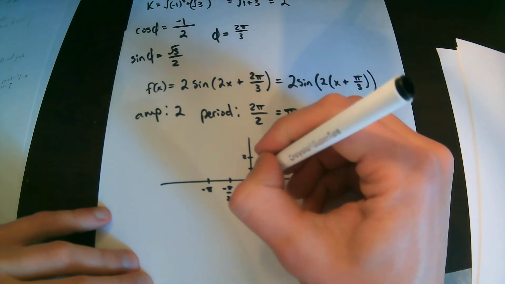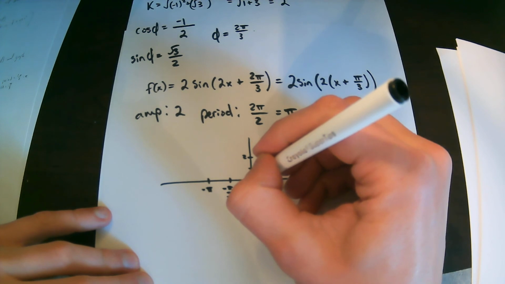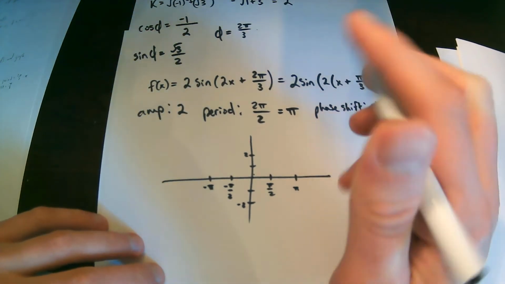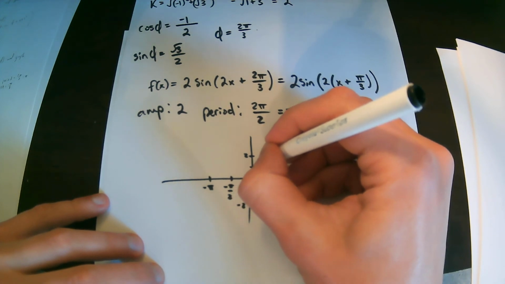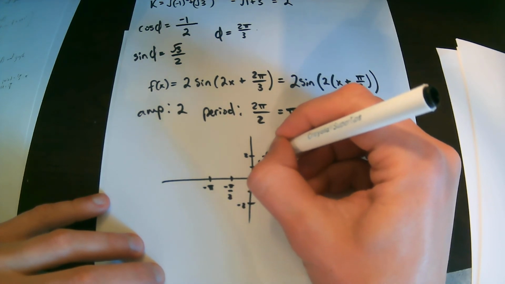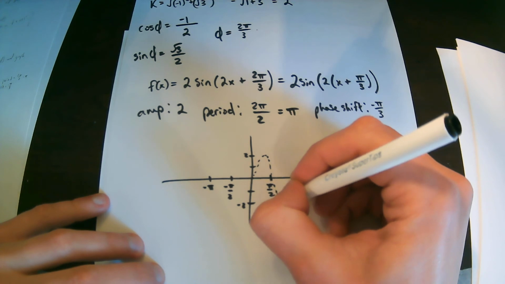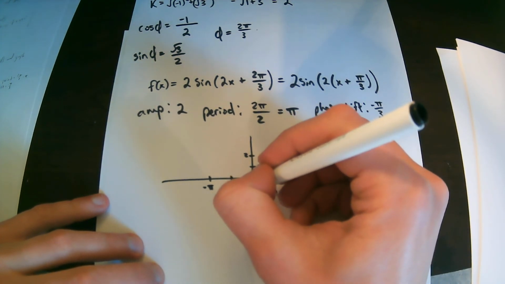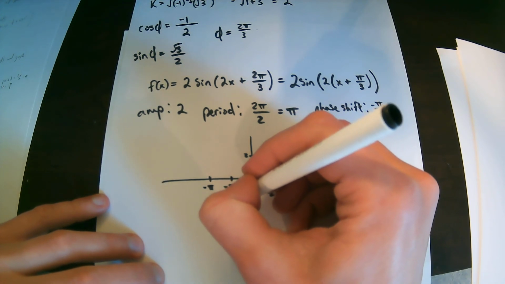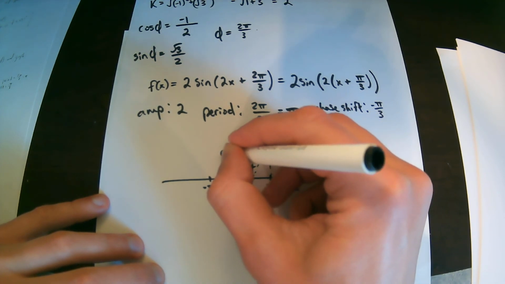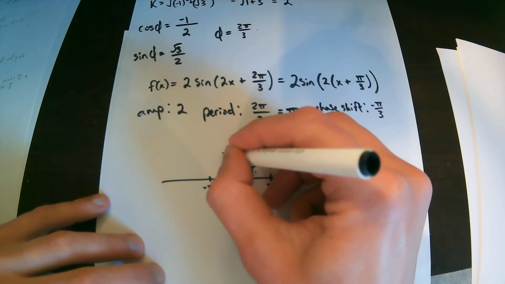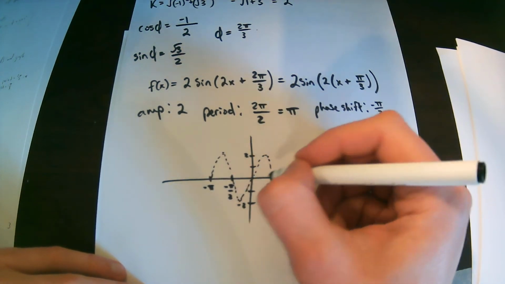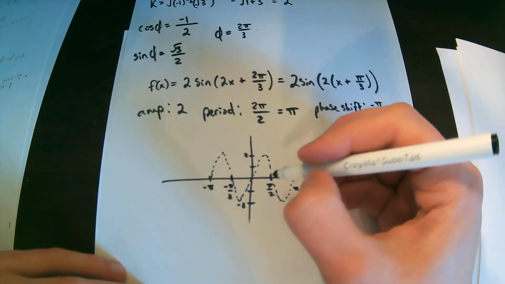Just to make it easier on myself, I'm going to graph without the phase shift, with the amplitude of 2 and the period of pi. I'm going to graph that with a dotted line, so it would be like up and then down, like that, and similarly over here. Oh, that's kind of ugly. Should hit there. And then my actual graph should be this same thing, but shifted that way by pi on 3.